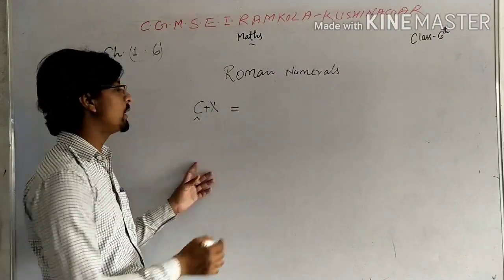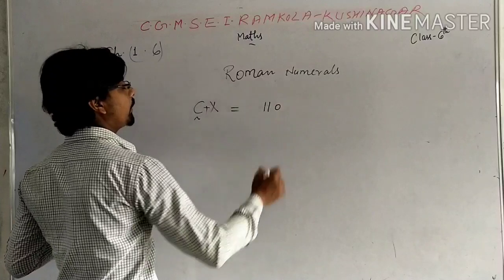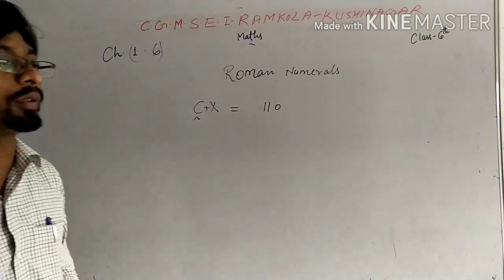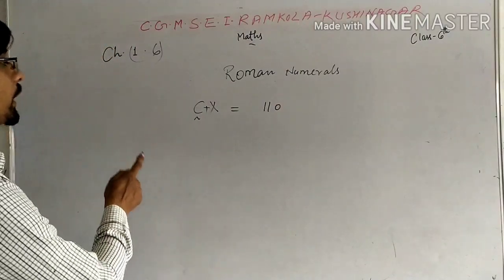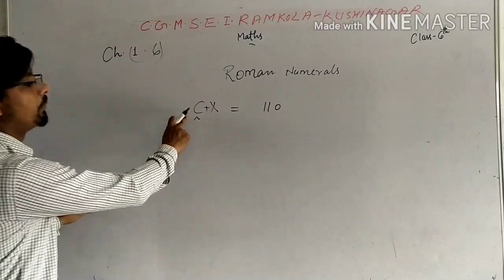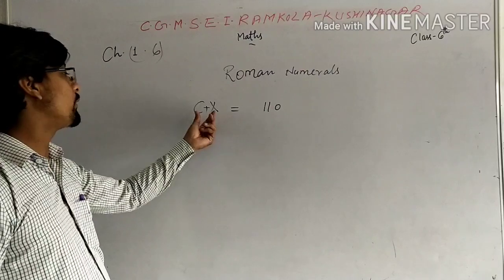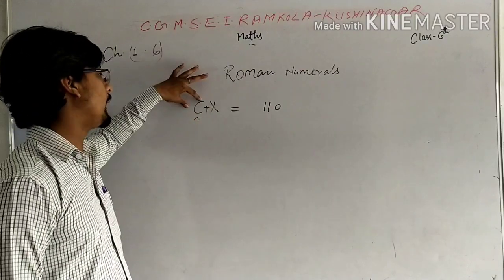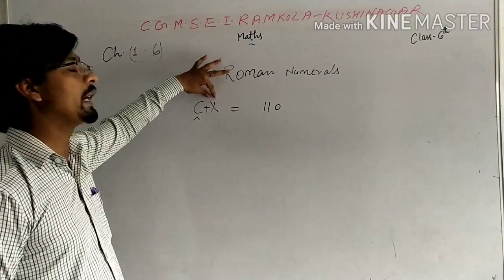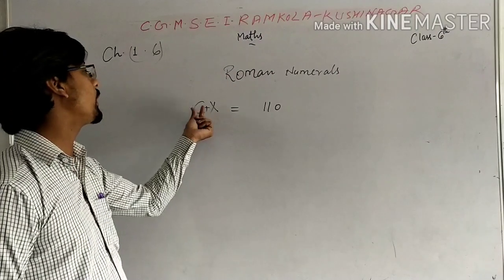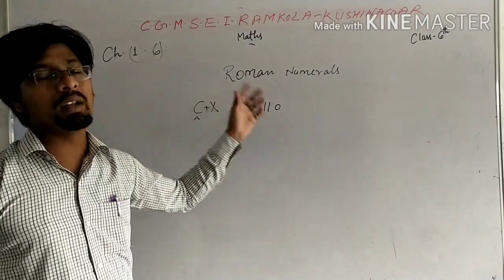Now I can write 110, because you have to pay attention here: if a bigger number is placed before the smaller, it will be added. So C stands for 100 and X stands for 10, so 100 plus 10 makes 110.